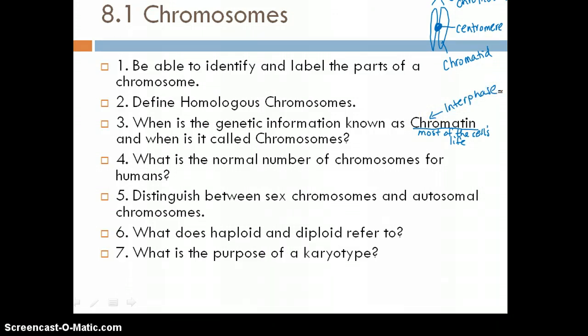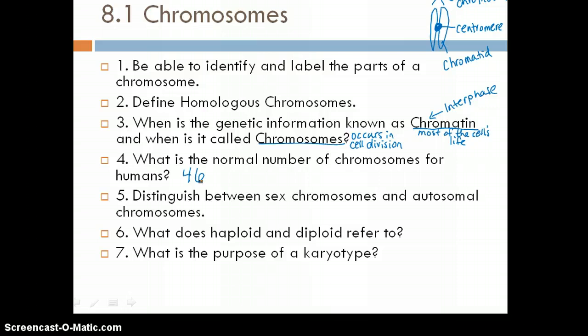It's called chromosomes when it forms into these homologous pairs, and it winds the DNA up tight and makes these chromosomes. So it occurs in cell division, and that's when we'd be able to see them as chromosomes. The normal number of chromosomes for humans is 46.